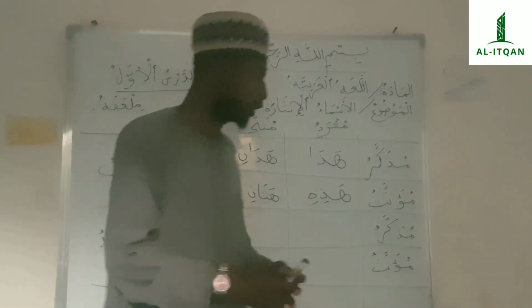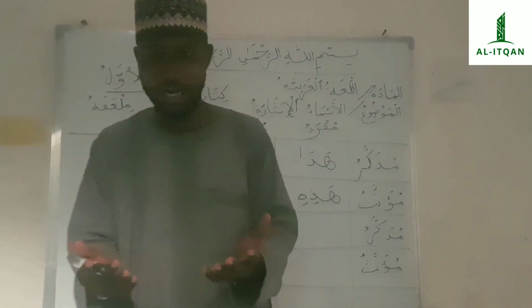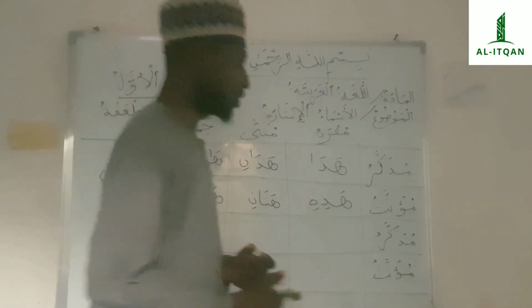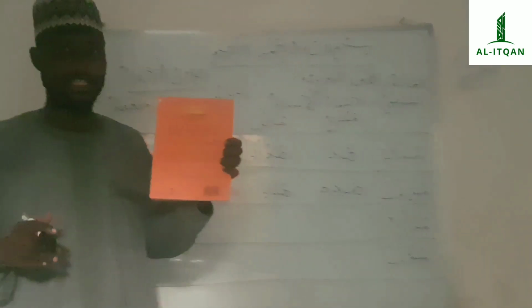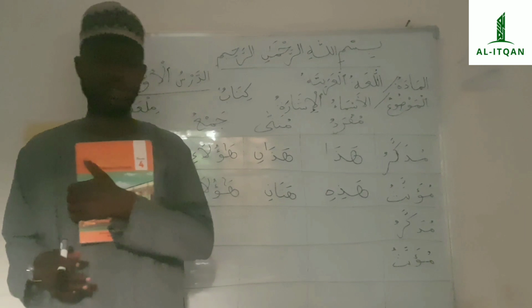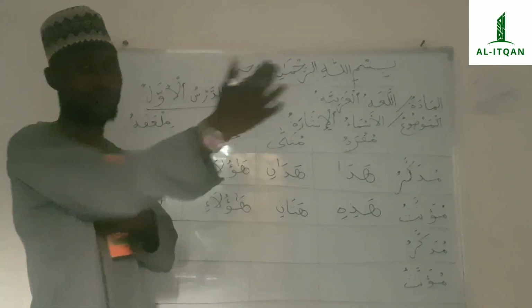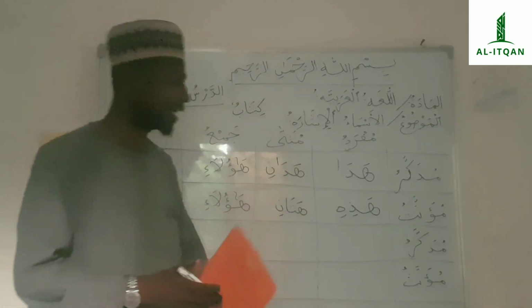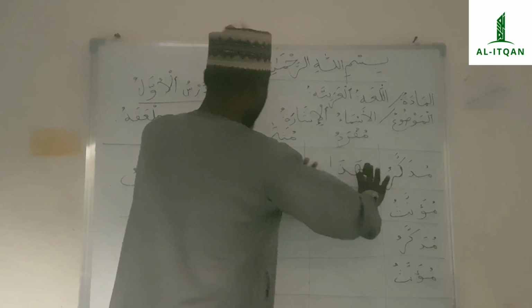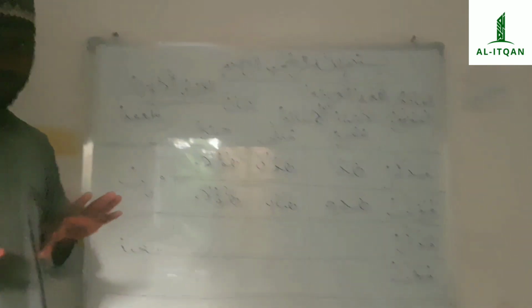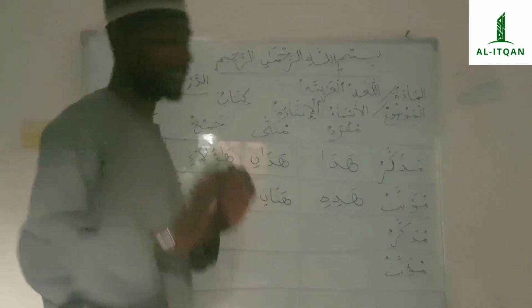For example, you have a small book with you, you can just say hada kitabun. You see that this book is very close to you. The book is not far from you. So all these ones are used for near objects.